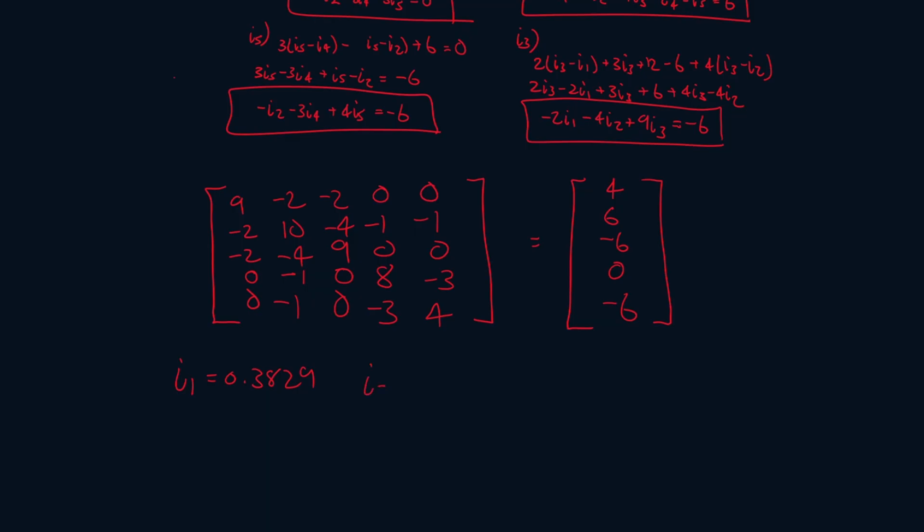I2 will be equal to 0.2110. I3 will be equal to minus 0.4878. I4 will be equal to minus 0.7184. And I5 will be equal to minus 1.9860.